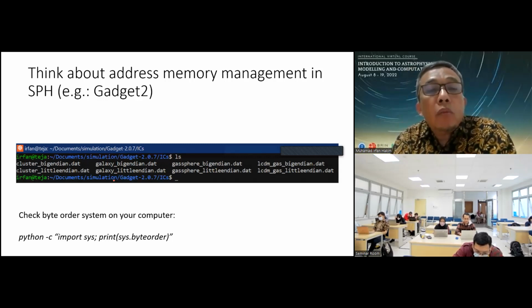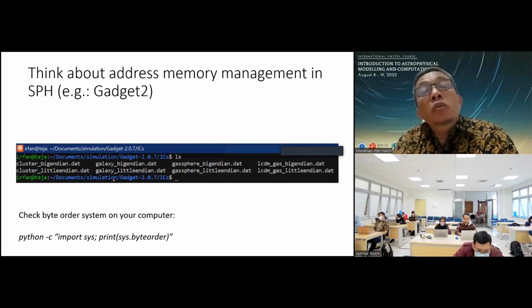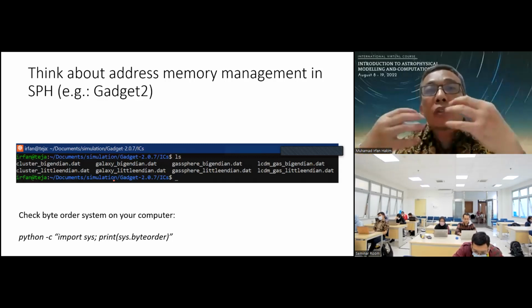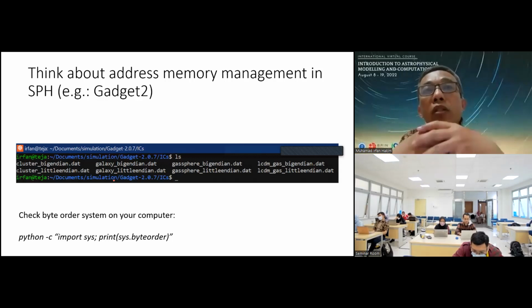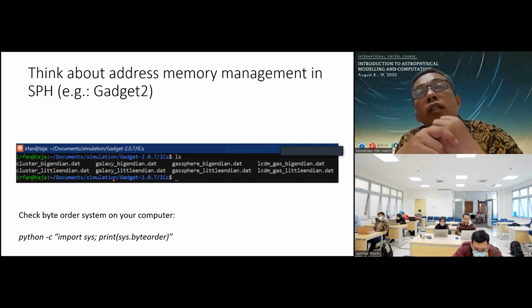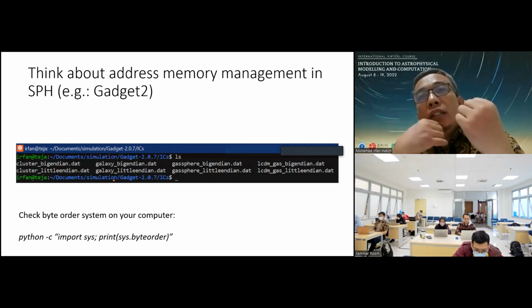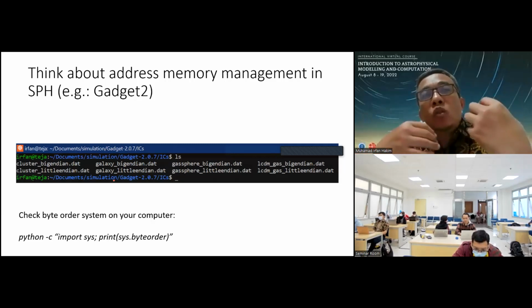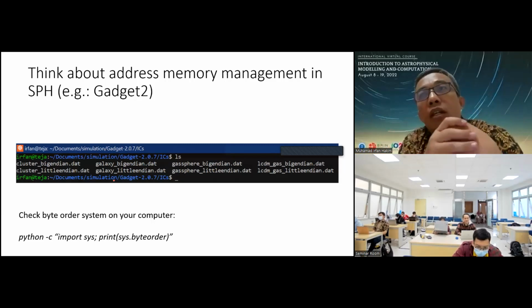Means that Gadget 2 here seriously manage the mechanism of ordering the information by order of the information for least significant byte in little Indian computers. This byte stored in least address memory.